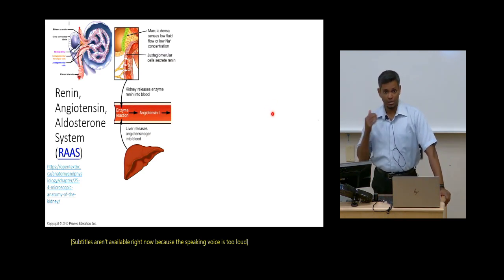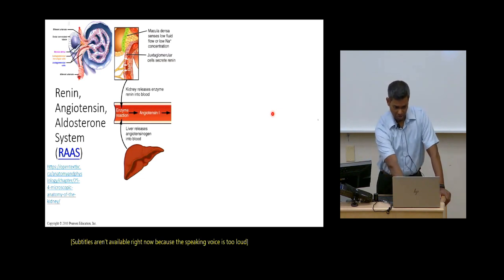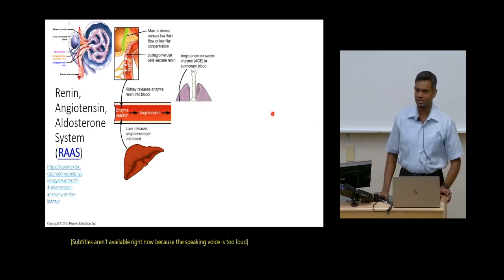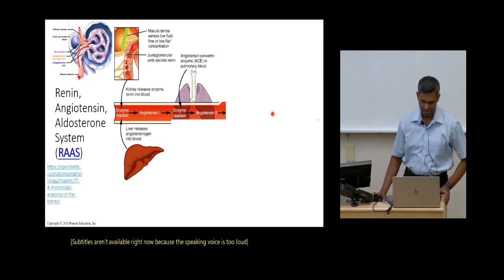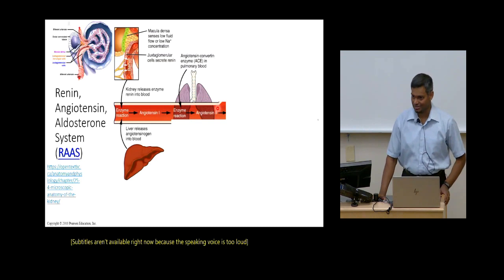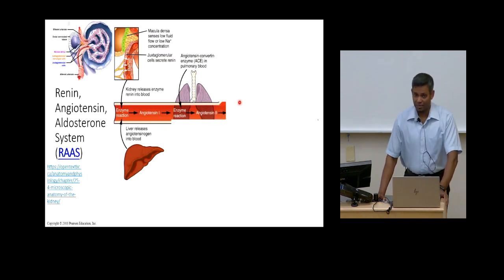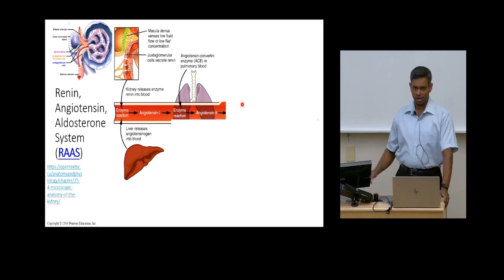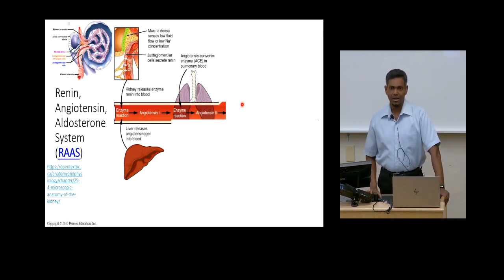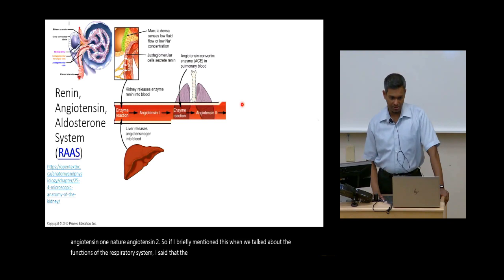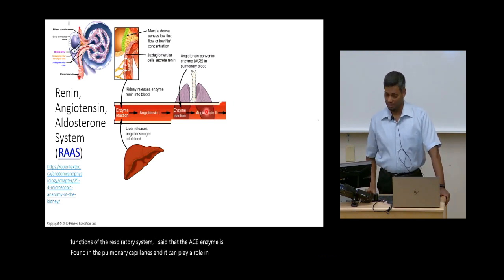Now angiotensin 1 will continue to be circulated in the bloodstream, and when it gets to the capillaries in the lungs, the pulmonary capillaries, there is another enzyme known as ACE, the angiotensin converting enzyme, which will convert angiotensin 1 into angiotensin 2. I briefly mentioned this when we talked about the functions of the respiratory system, I said that the ACE enzyme is found in the pulmonary capillaries and it can play a role in regulating blood pressure, right?